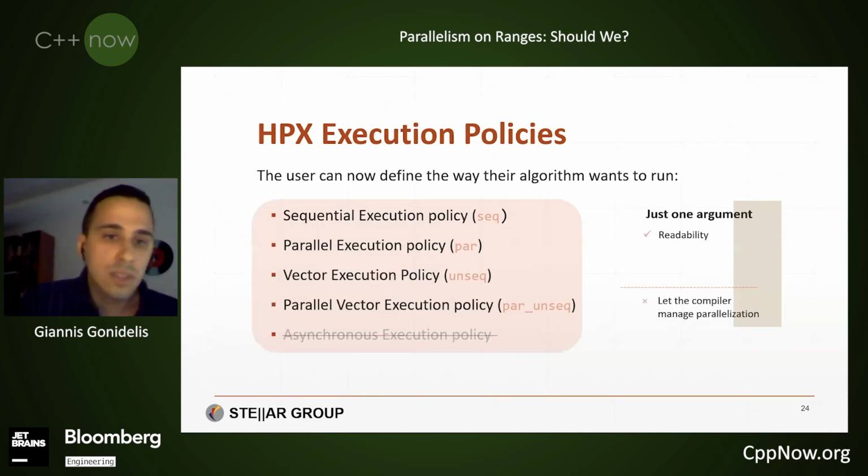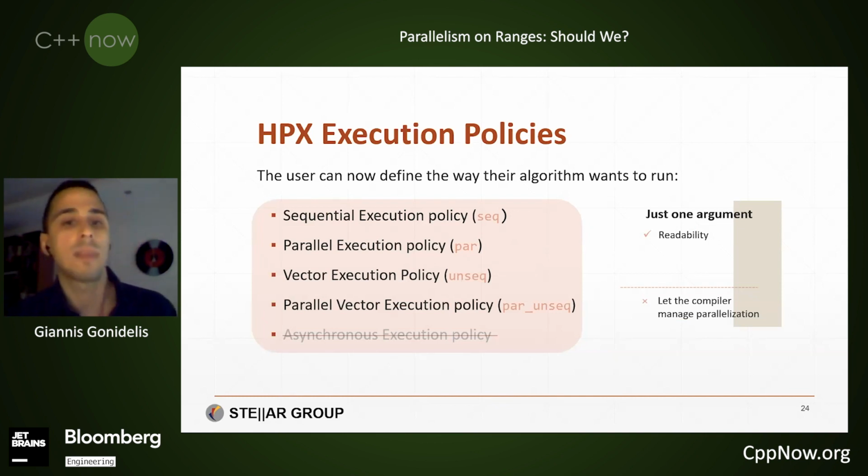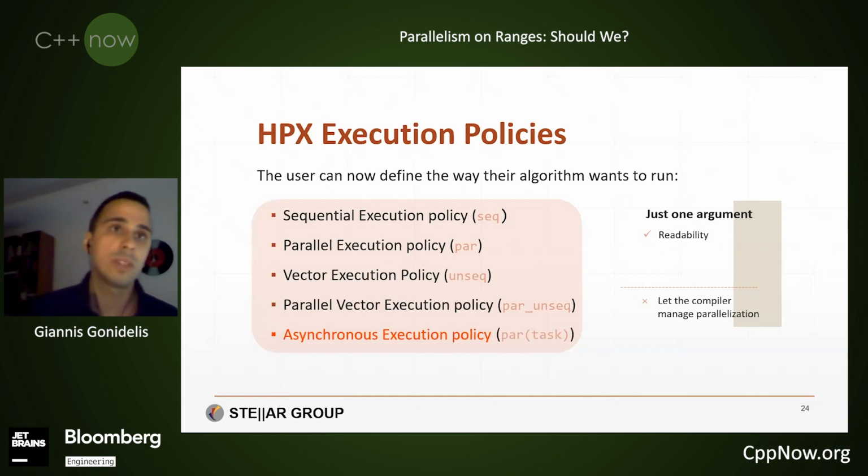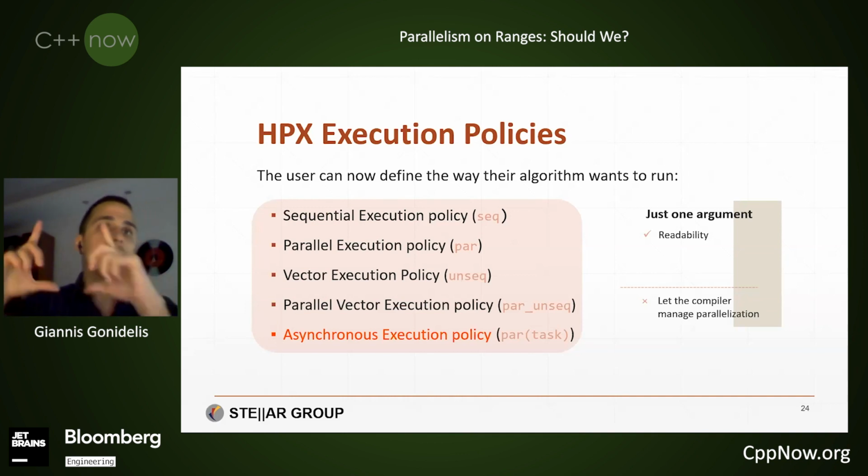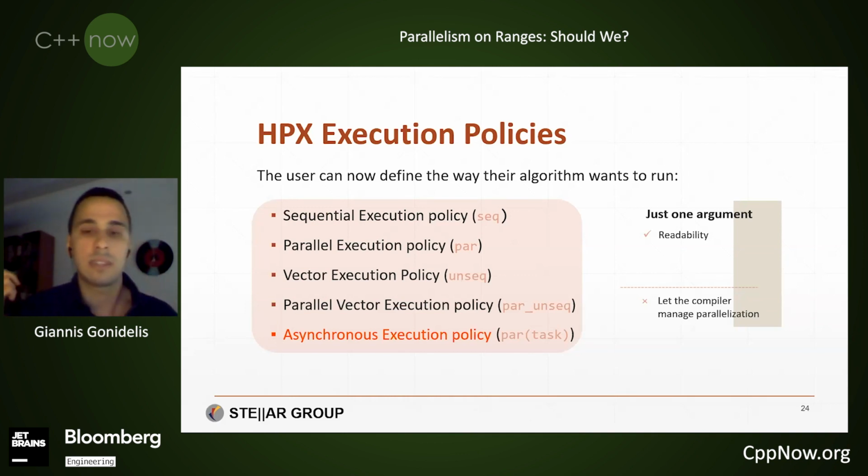HPX, being standards conforming, of course, provides you with all the execution policies that you had in C++20, namely parallel, vectorization, whatever. But it also now enables the asynchronous execution policies. Now you are only seeing the asynchronous parallel execution policy, which is my favorite. But of course, with this parenthesis task tag that you could just put next to whatever execution policy of yours, you would actually let your code be executed asynchronously.